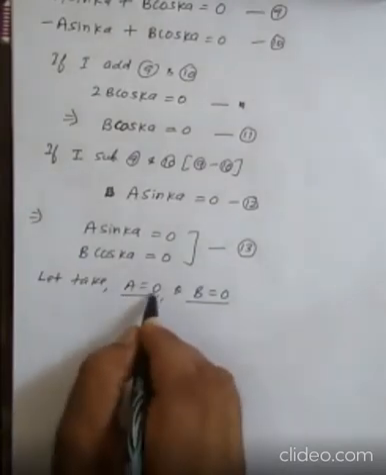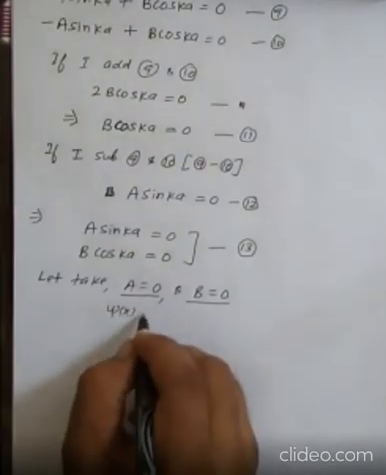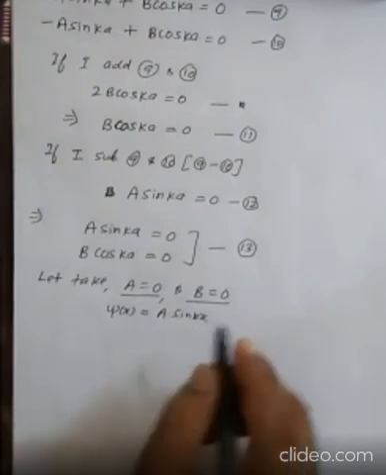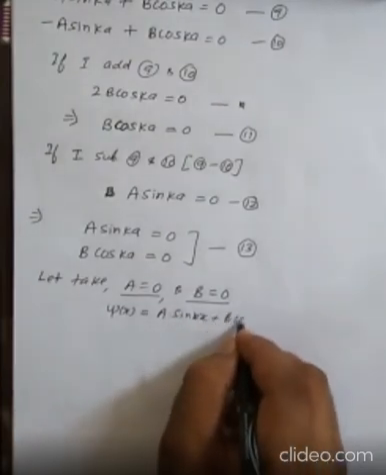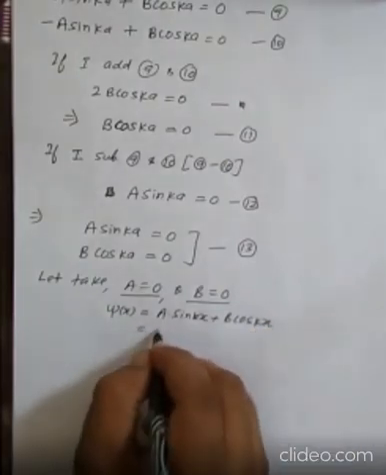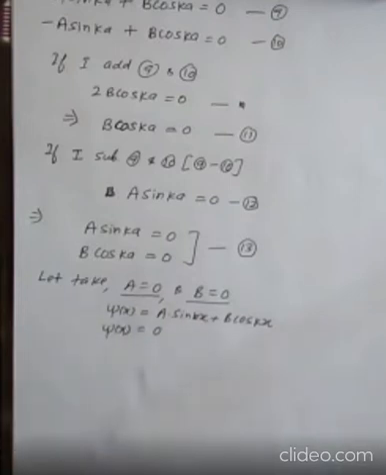But if I consider a and b both are 0, then here the wave function will be a sin kx plus b cos kx. So if a and b are 0, it means psi x equal 0.